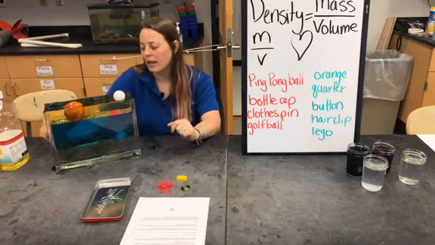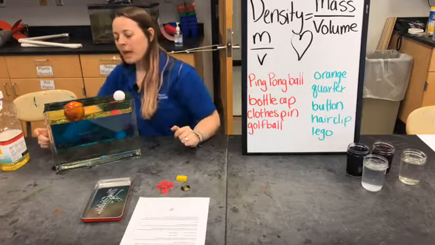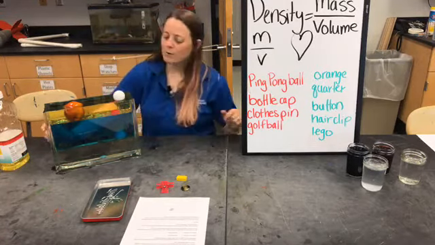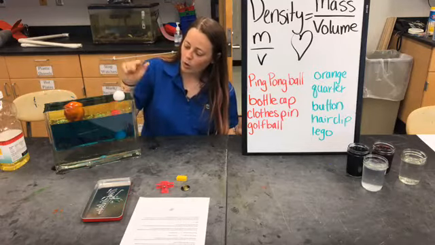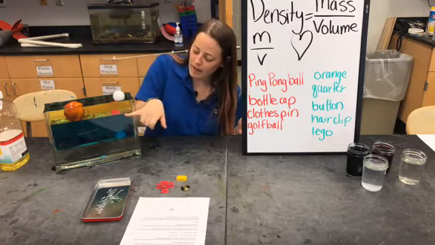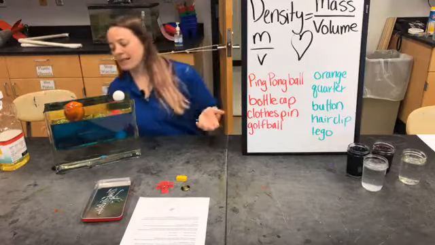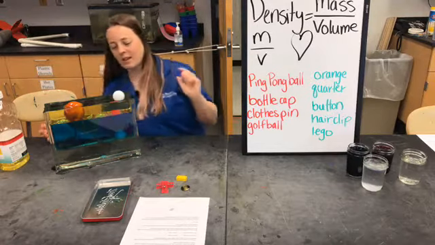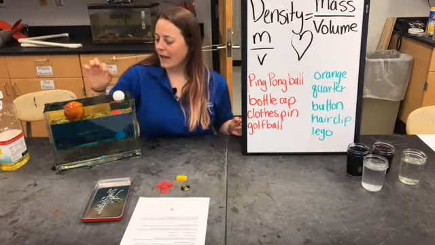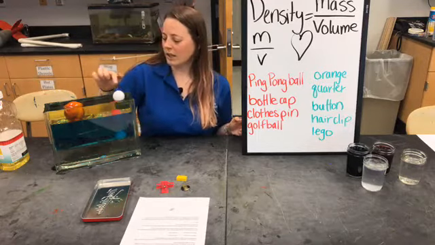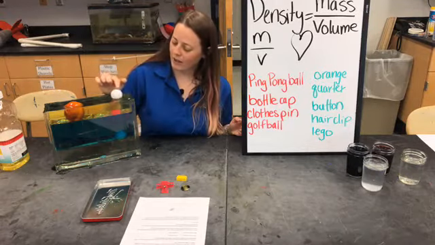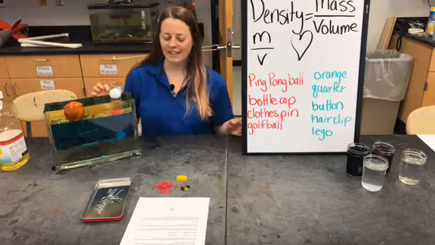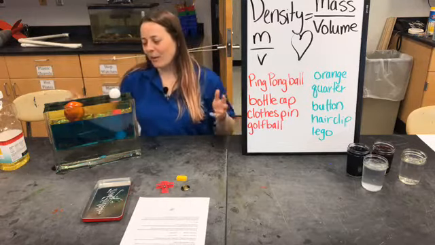The golf ball and the clothespin. And then the object that stopped at this layer here, the only one I see is the bottle cap. And then on top, our least dense object is definitely the ping pong ball, which I think is right what we were all thinking.